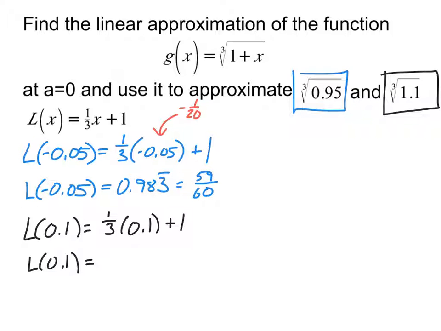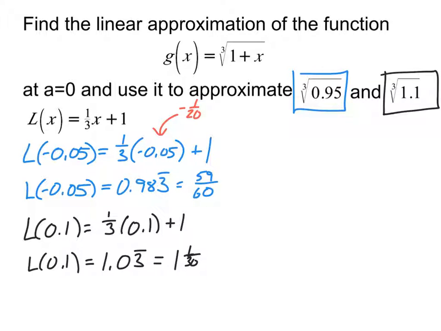And so if you do that math, if you did it as a decimal, you'd be getting an answer of 1.03 repeating. Or as a fraction, again, the 0.1, that's 1/10. So 1/3 times 1/10 is a 30th. So that would be 1 1/30th. Or, if you prefer, 31/30ths.